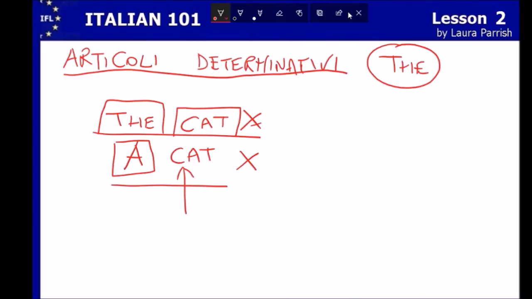So this is called indeterminative article because you want one object, but it's not important which one. Every cat in the world that you give me will be alright. Instead, with the determinative articles, the object is determinate. I want only that cat. There is only one in the world. This is the difference, and let's begin.